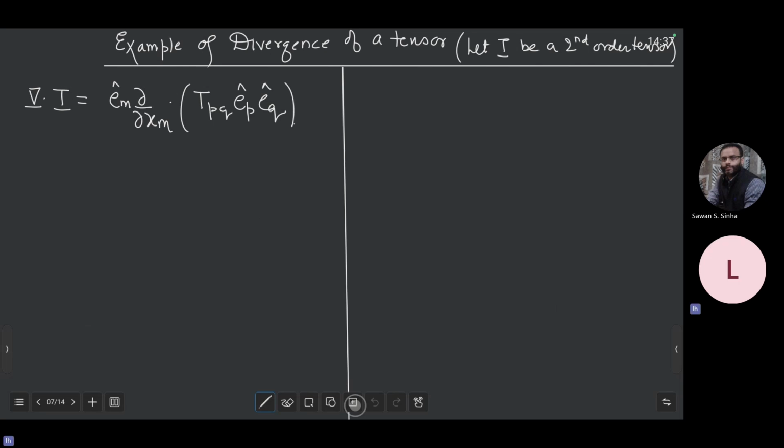Now let's look at an example of divergence of a tensor. In this case, I have taken the tensor T to be second order. It's just my choice. I could have illustrated it with something else also. And that choice is actually based on what we will see in the fluids equation later on. So let's work on this.